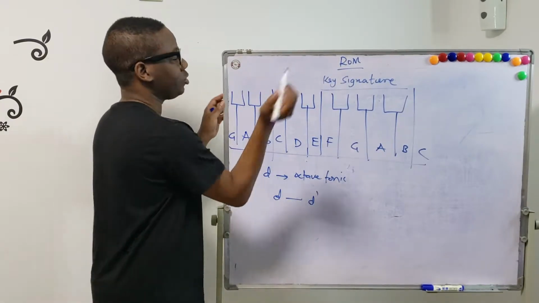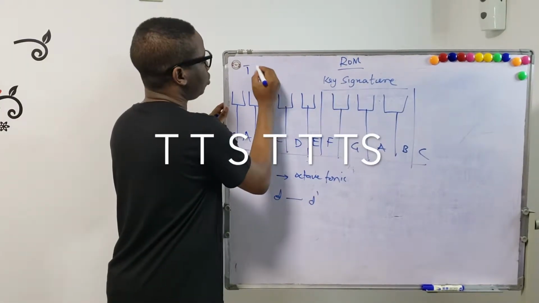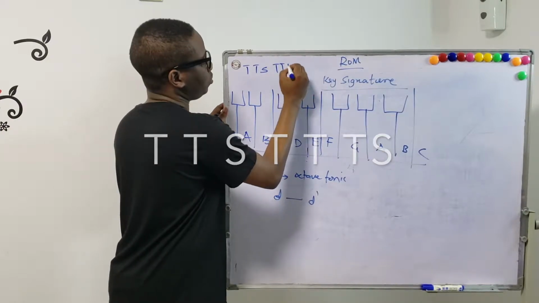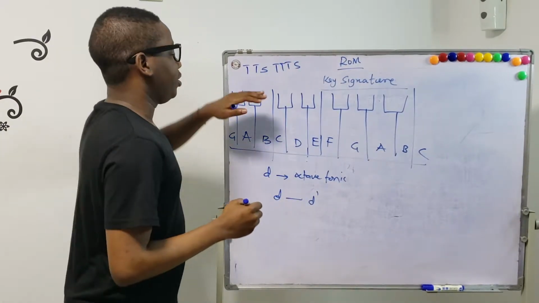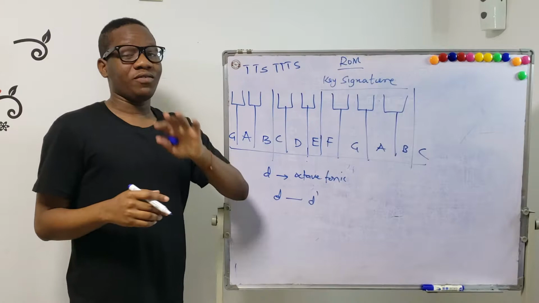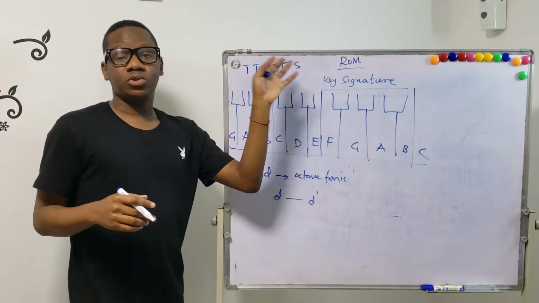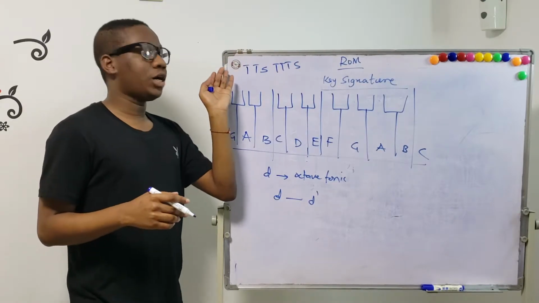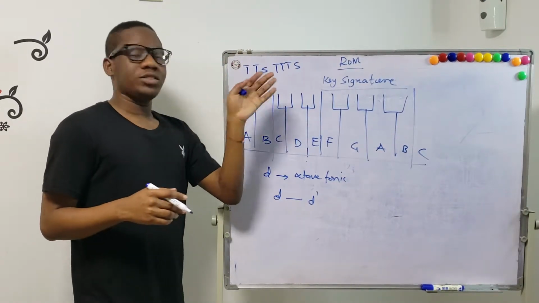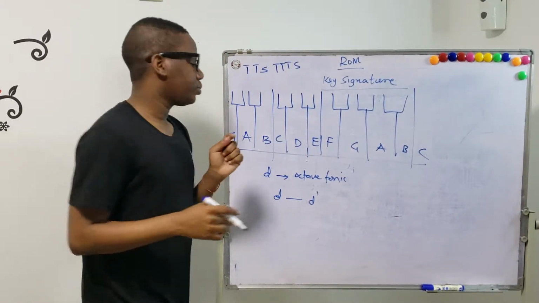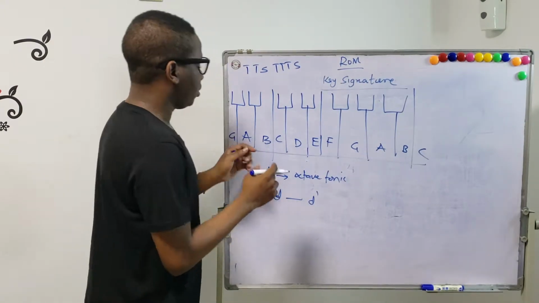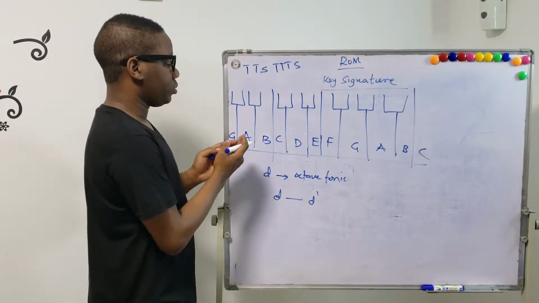And that rule is, if you have not forgotten, tone, tone, semitone, tone, tone, tone, semitone. If you don't know what this is, you can visit the video where I talked about tone, tone, semitone, tone, tone, tone, semitone. I'll drop the link in the description below so you can check that. Okay, so let's look at the key of G.